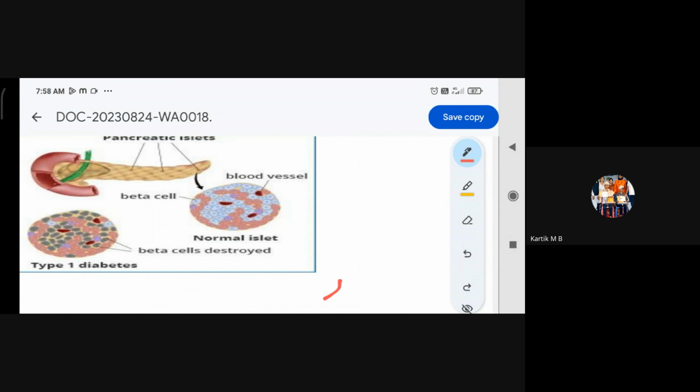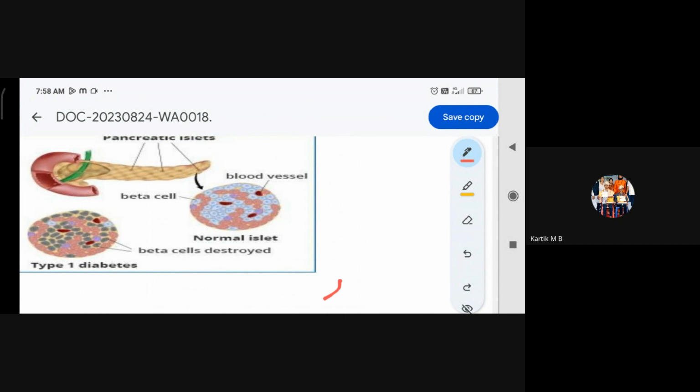So the cell is thirsty, the cell is hungry for glucose, and on the other hand, blood glucose level is rising because we are eating properly. Blood glucose level is at its maximum to make the cells nutritious, but the cells are not getting glucose.